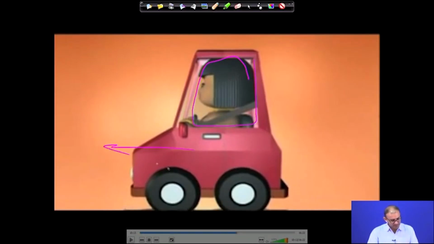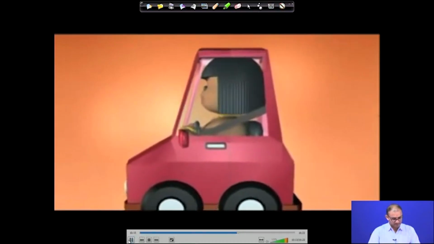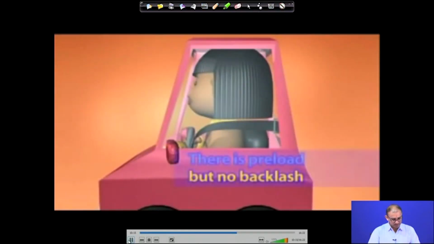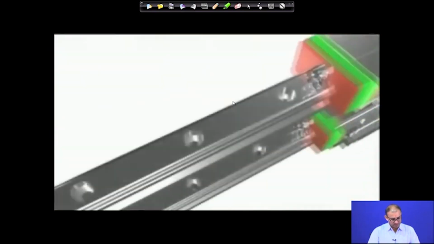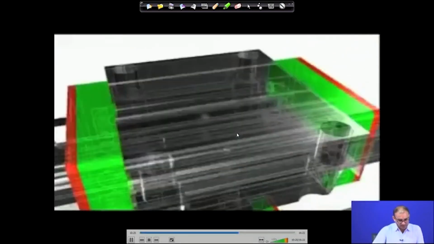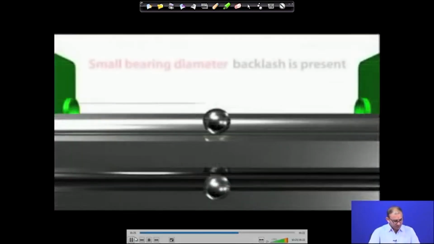When this car is moving and then suddenly stops, this particular person will not get any motion in any direction. So, there is a preload and no backlash. This is called the preloading of that part. That is also required in this particular case.